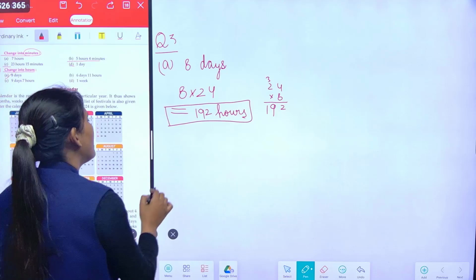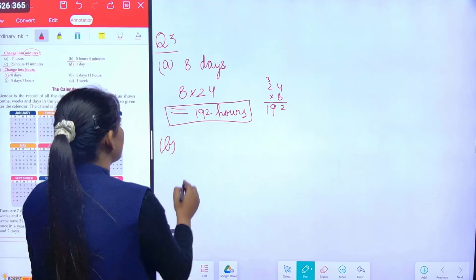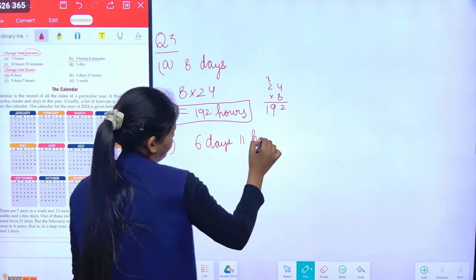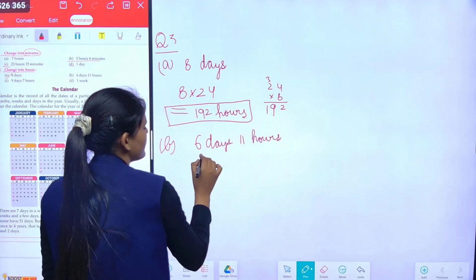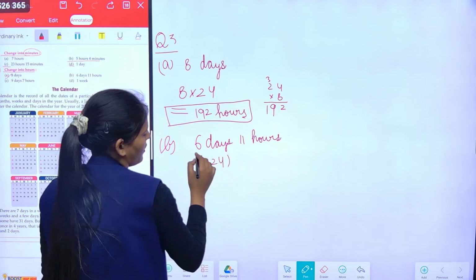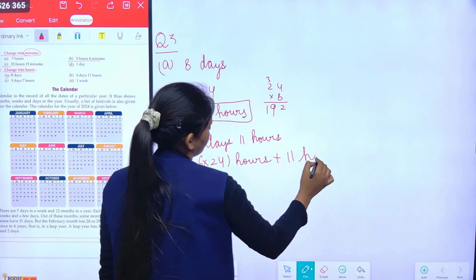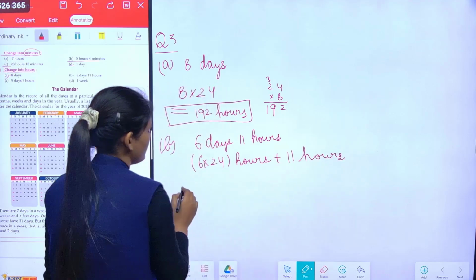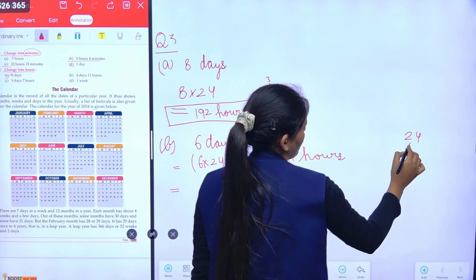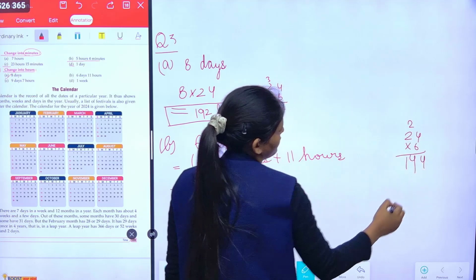Okay, right. Now B part, 6 days 11 hours into hours. Now 6 days into hours, 6 into 24, plus 11 hours. 24 multiplied by 6. 6 fours are 24, carry 2. 6 twos are 12, plus 2 is 14.